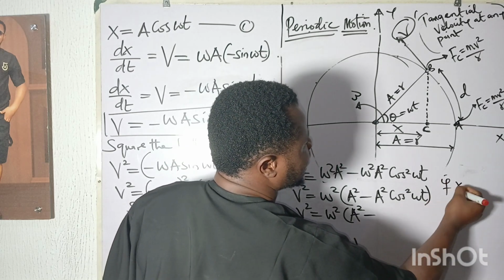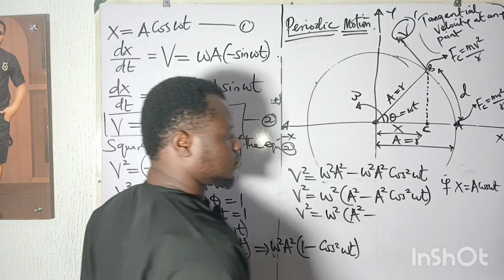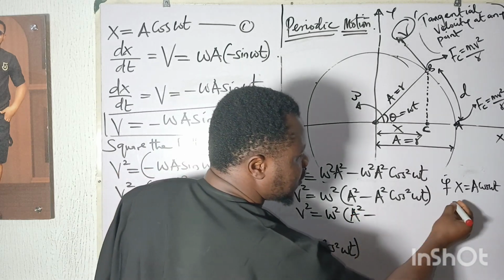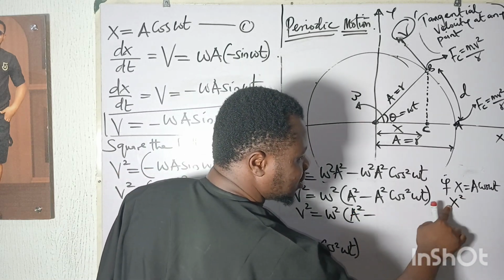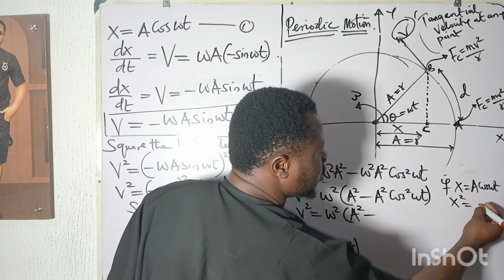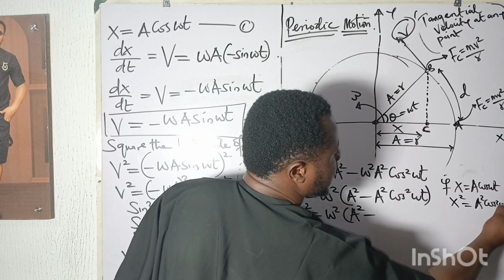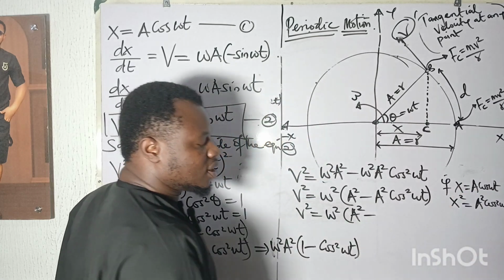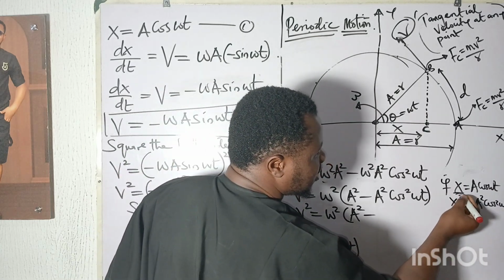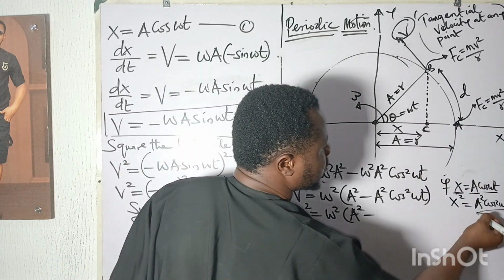If x is equal to A cos ωt, but here, if I square this x, it means that I am squaring everything you have here, which is A square cos square ωt. So you can see, if I square this x, I will square this and square cos.